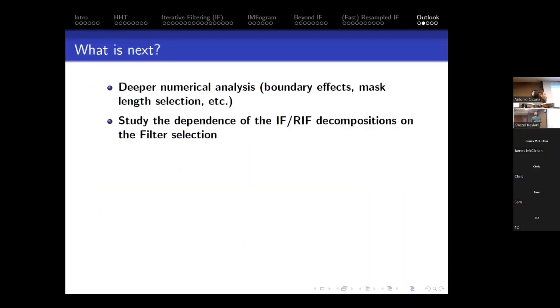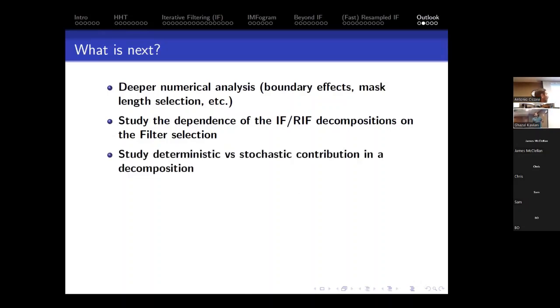More mathematical analysis. We love to make analysis of everything, but there are unanswered questions, like how big a role the filter plays. Our understanding is that it is not a big role, but we never dug much in that direction. The other big question is, what if your signal contains a stochastic contribution? How will the method split it, and how much can you distinguish between stochastic and deterministic contributions?